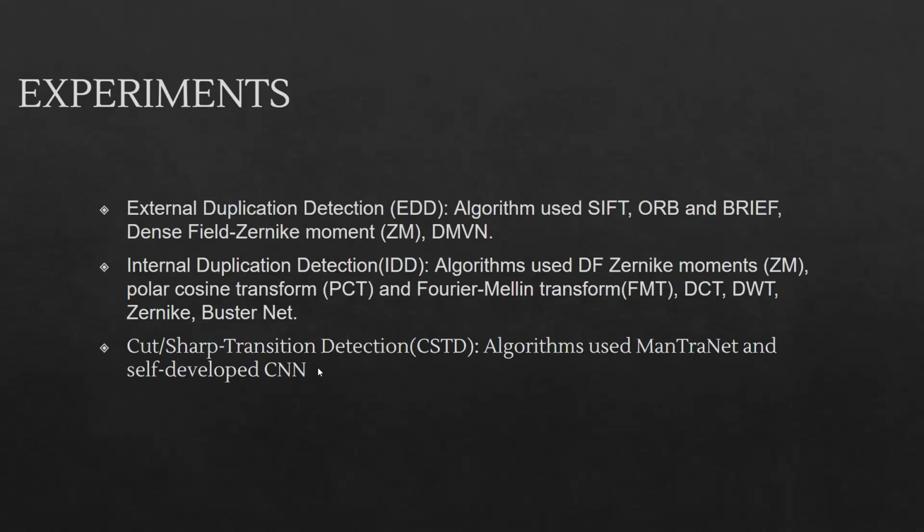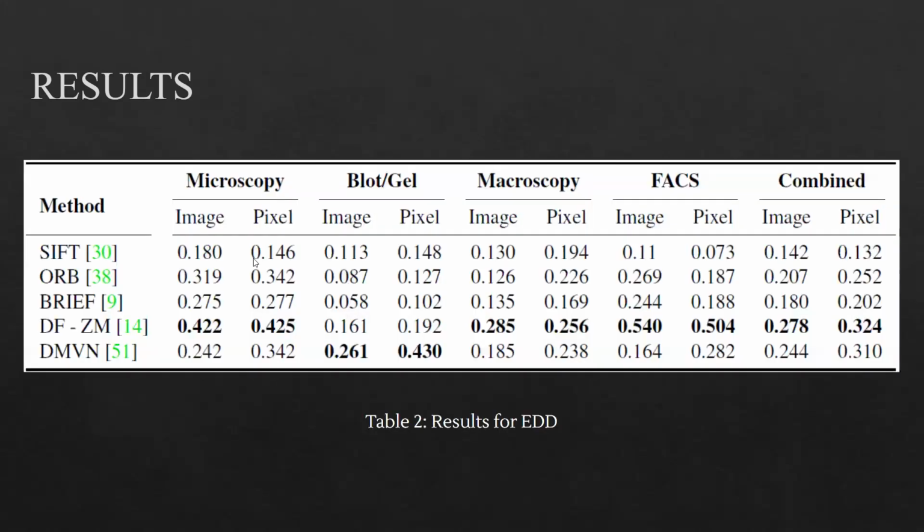And in copy-move transition, they used two algorithms: one is ManTra-Net, and the other is a self-developed CNN, which is a basic CNN that they developed and just ran through the programs to check how it performs, and that will be discussed in the later slides.